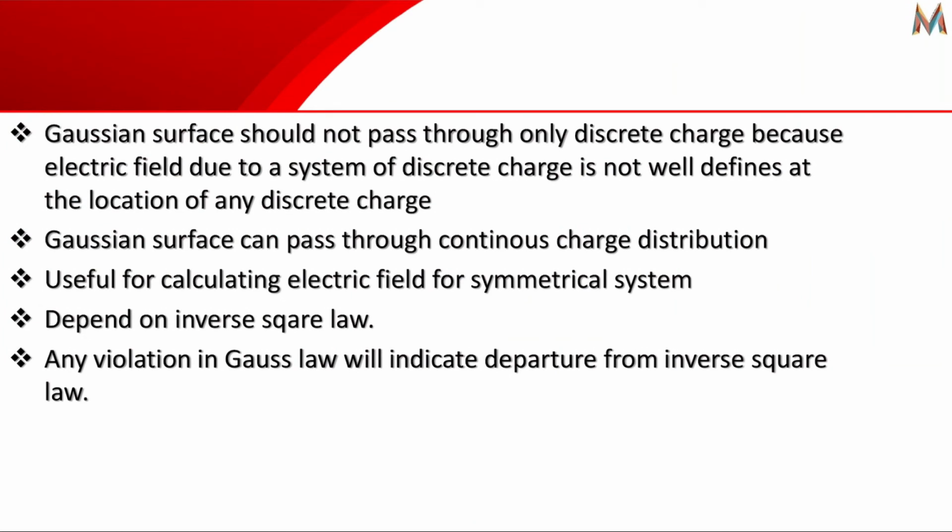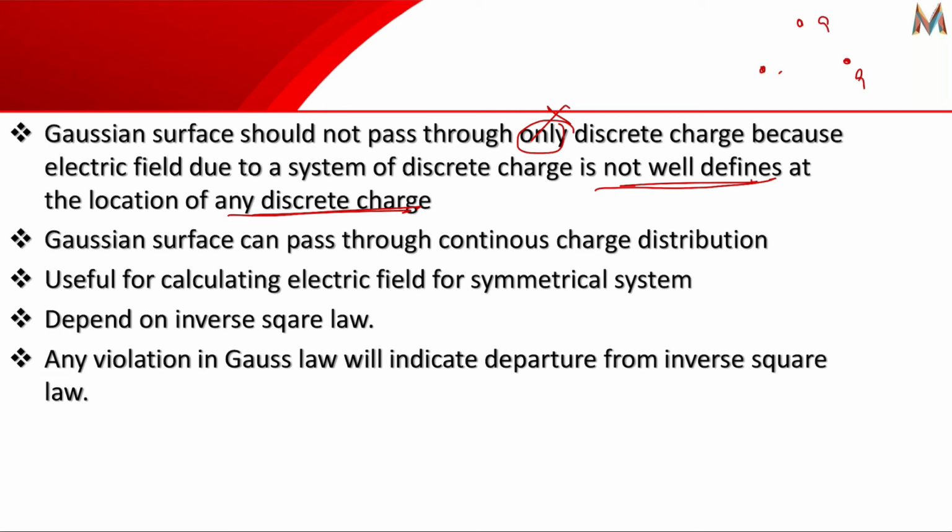Gaussian surface should not pass through a discrete charge, because the electric field due to a system of discrete charges is not well defined at the location of any discrete charge. That means here is a discrete charge, here is a discrete charge, here is a discrete charge.